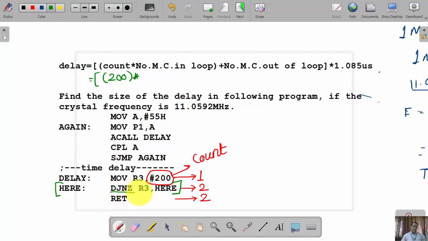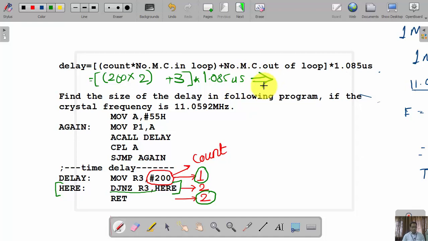So this instruction is there in the loop, so it is 200 into 2, plus the count multiplied by the number of machine cycles in the loop, that is 2, right? And how many machine cycles are there outside the loop? This 1 plus this 2, so it is equal to 3, multiplied with 1.085 microsecond.